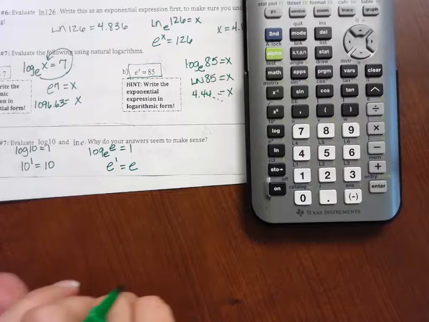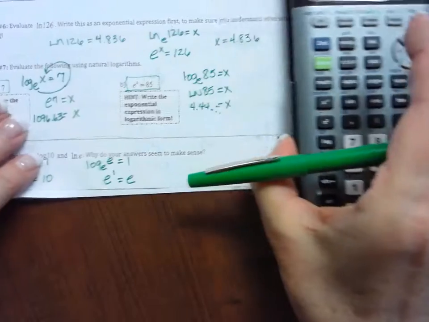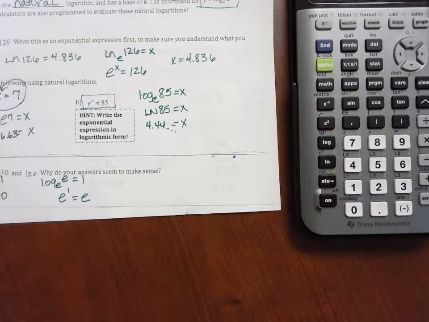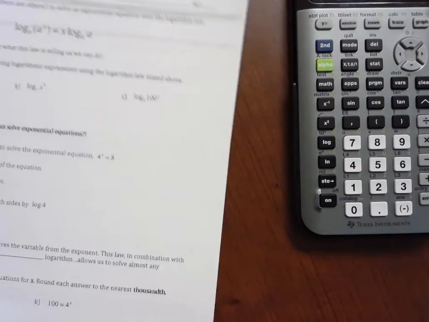So if you get 1 as an answer, it's okay. But that's why you can't have 1 as a base. Have I made your heads explode yet? Not yet? We're doing okay?